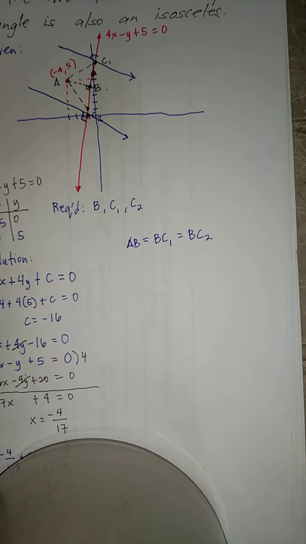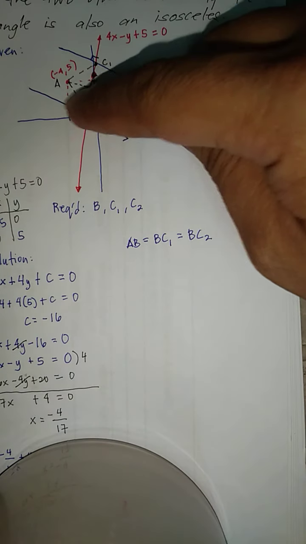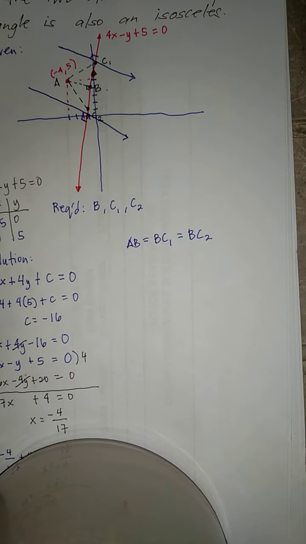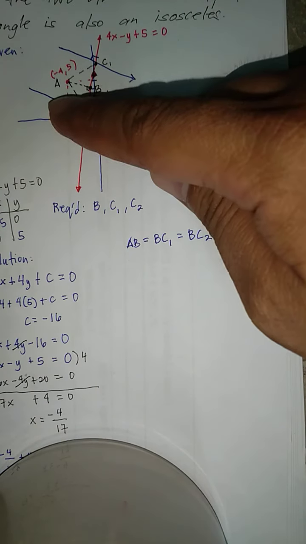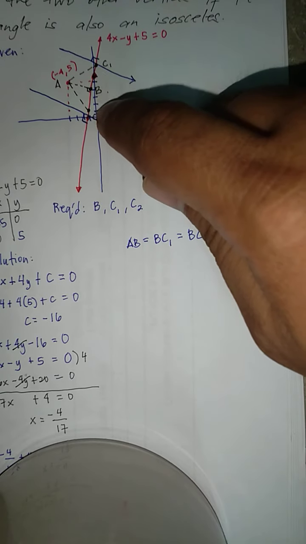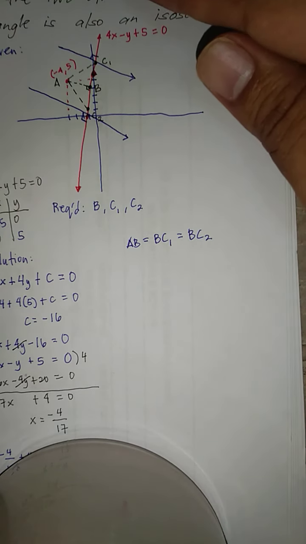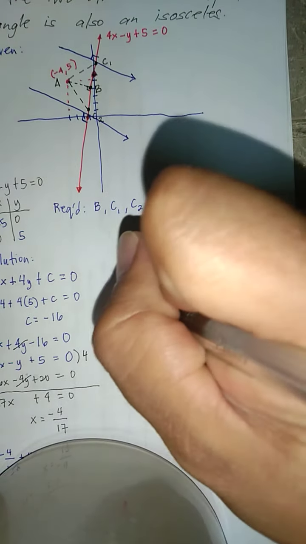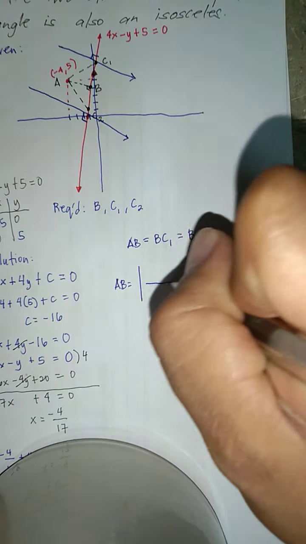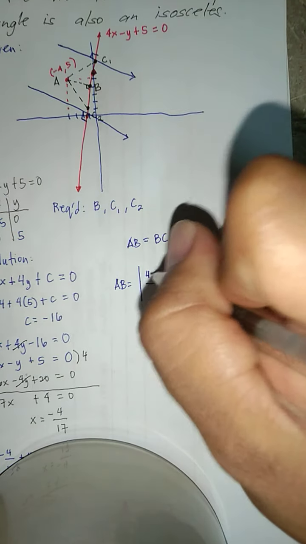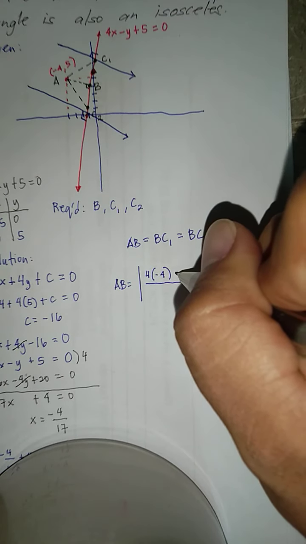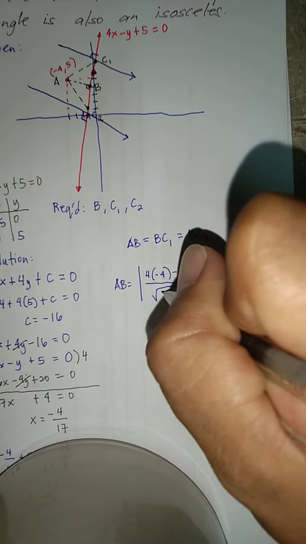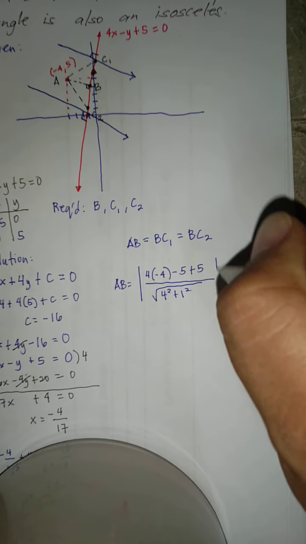First, we're going to find out what the distance AB is, and then compare it with BC1 and BC2. Since this is point A and B is on the line, we can use the distance formula between a point and a line. So let's solve. AB is equivalent to the absolute value of 4 times negative 4 minus 5 plus 5 all over square root of 4 squared plus 1 squared.